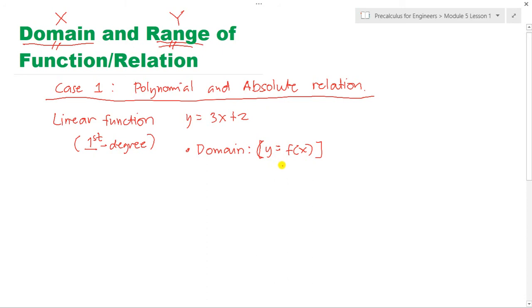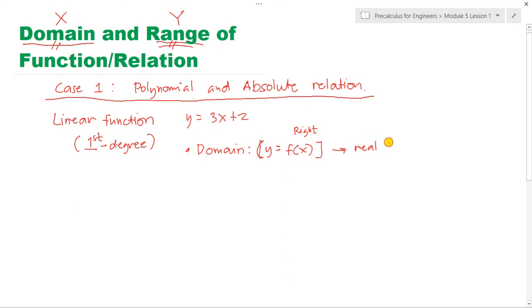And then here, our goal is to input any number for our independent variable x, such that the right side should have an answer of a real number.